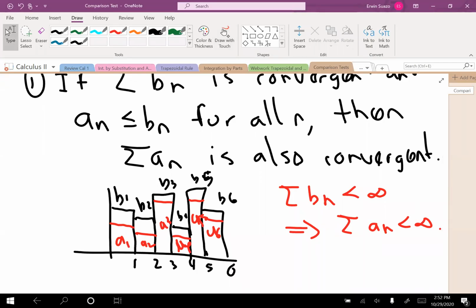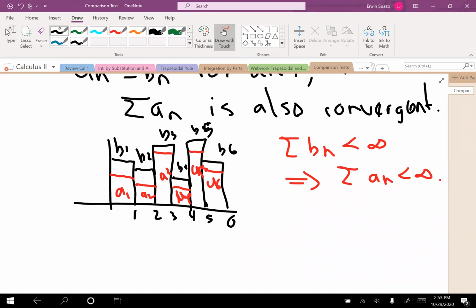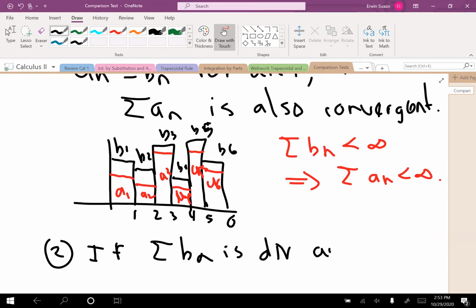And the other part says that if the sum of B_n is divergent, and in this case it's the opposite, A_n is bigger than B_n.